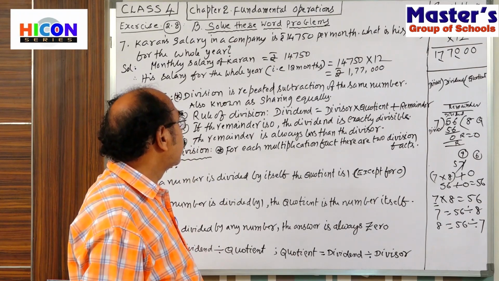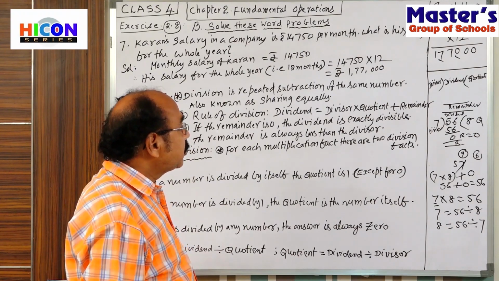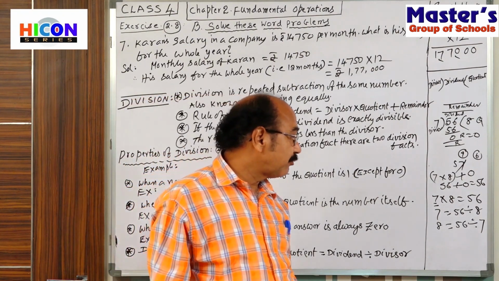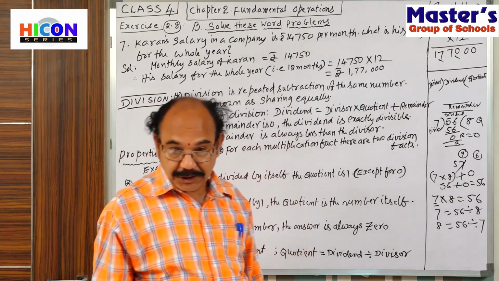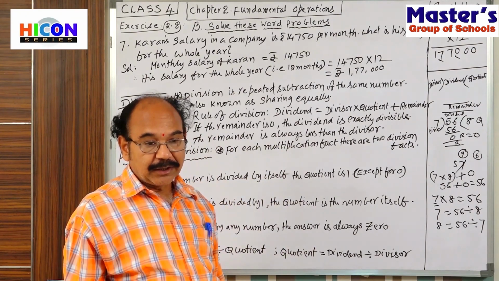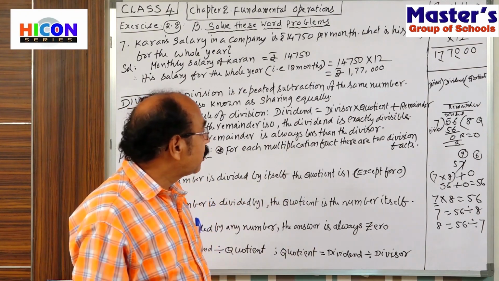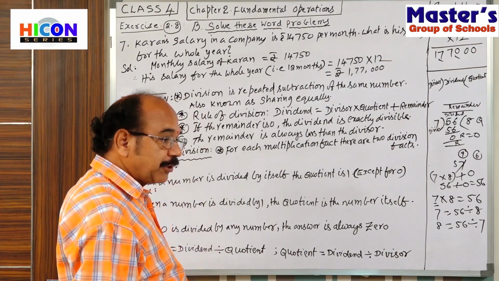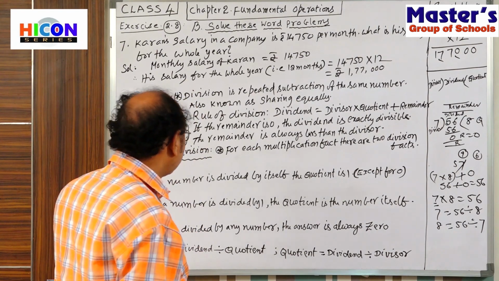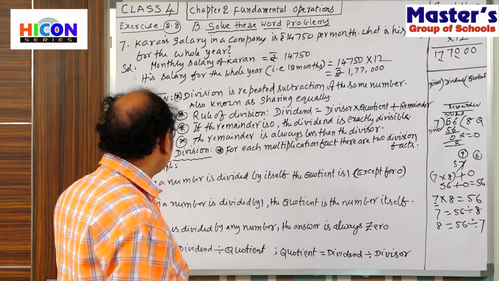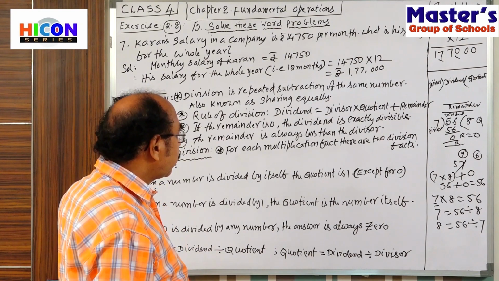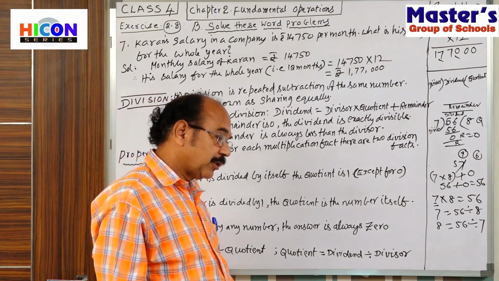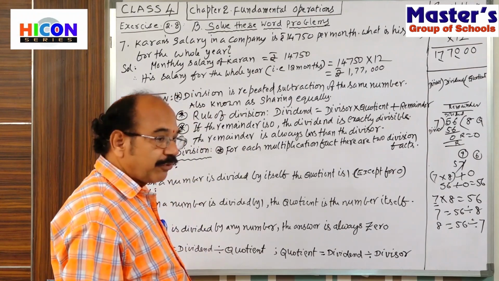Okay, children. Each division fact gives 2 multiplication facts. For each multiplication fact, there are 2 division facts.